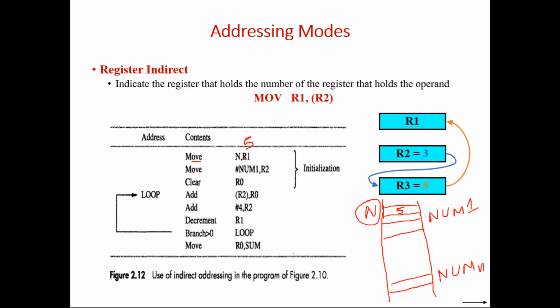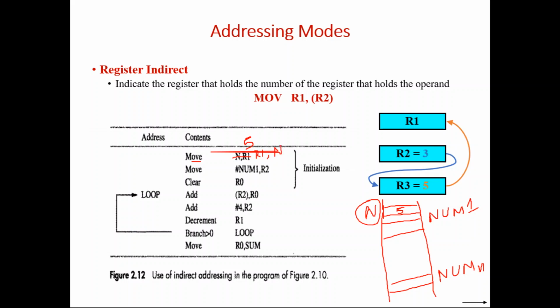It can be either move n comma R1 or move R1 comma n, depending on the programming language. Here we discussed that it is moving in this direction. For our understanding, move R1 comma n.